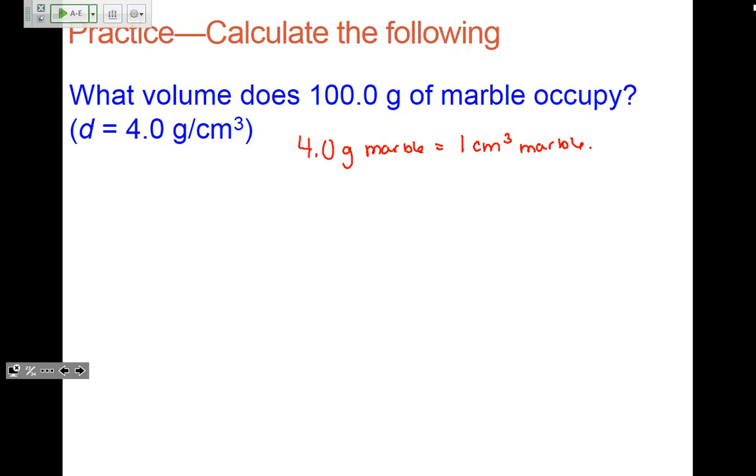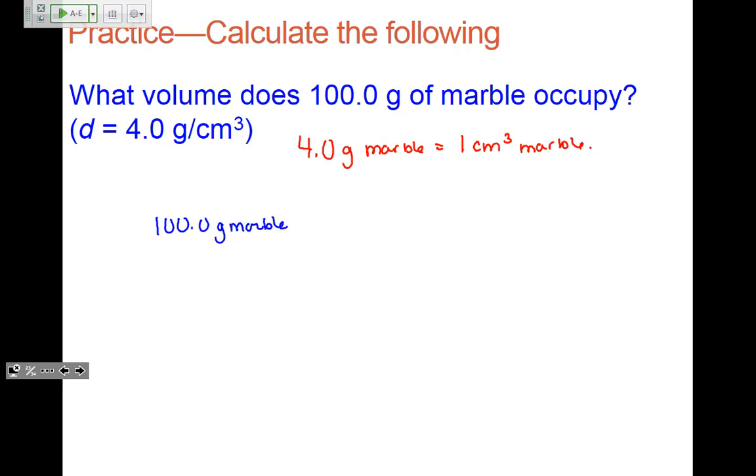So if we want to know that volume, that's fairly straightforward to figure out, because we have that relationship. So we have it in grams. Now you do have to be careful. I could give you the mass of marble in milligrams, so you might have to convert that to grams first. In this case, we don't have to do that. We have 100.0 grams of marble.